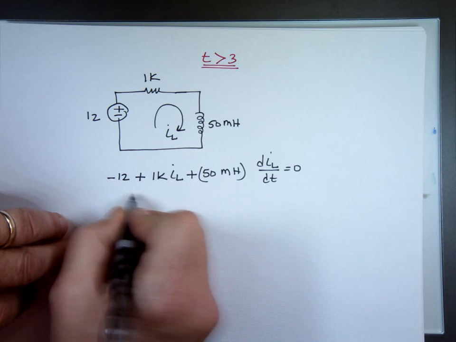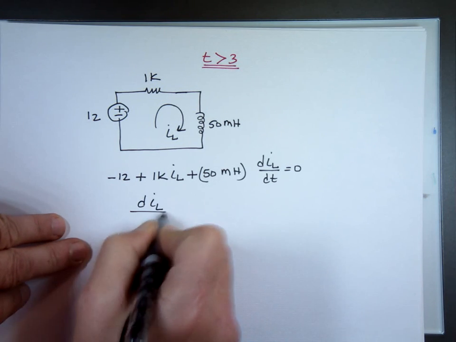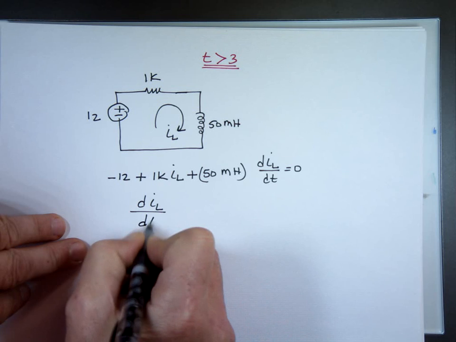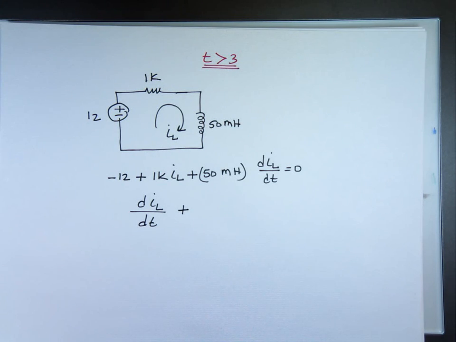Let's see what we have. I'll try to do them in one shot. 1K over 50 millihenry, what's that number? 1K divided by 50 millihenry. Looks like 20,000.